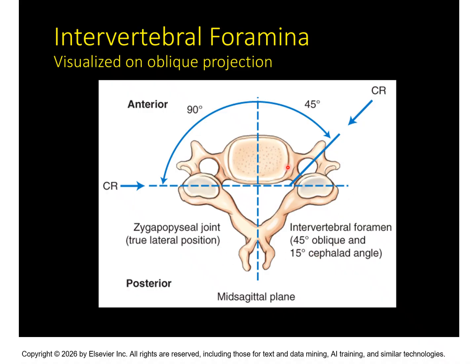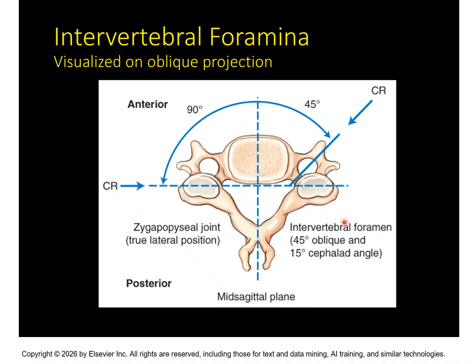And so this little diagram is showing you where are those joint spaces in relationship to the mid-sagittal plane and the mid-coronal plane. Okay, and so the intervertebral foramina are going to be at 45 degrees from the body. That means you're going to, and they have them on both sides. So that means you'll do both obliques. Okay, but they're also 15 to 20 degrees.